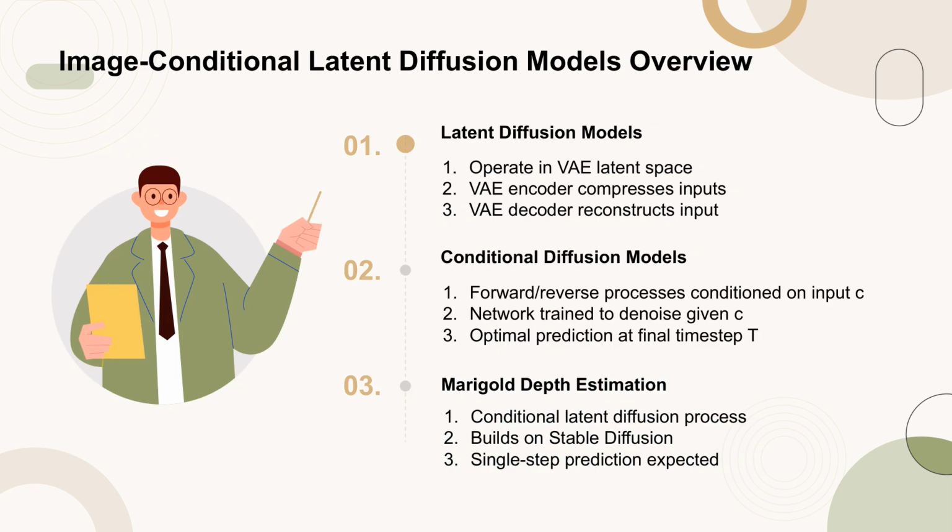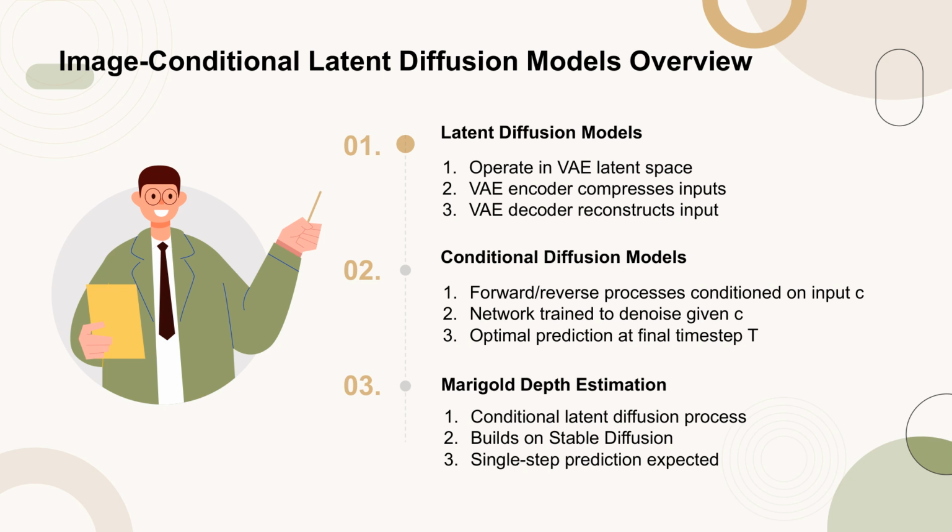Latent diffusion models, LDMs, operate within the latent space of a variational autoencoder, V, which consists of an encoder and a decoder. The encoder compresses input data into lower-dimensional latent codes, while the decoder reconstructs the input. In conditional diffusion models, both the forward and reverse processes are conditioned on an additional input, such as a text description or an image.